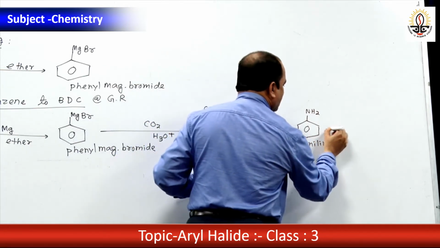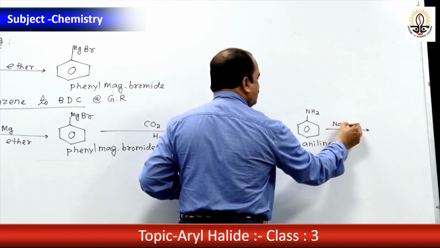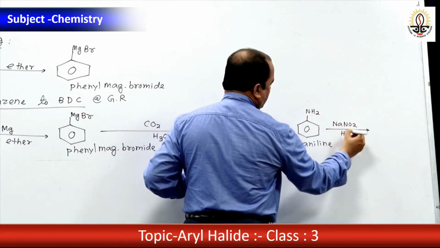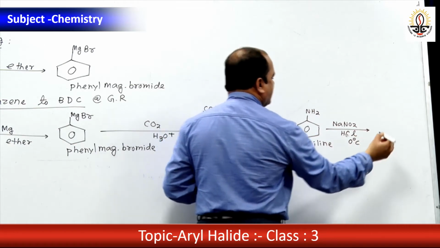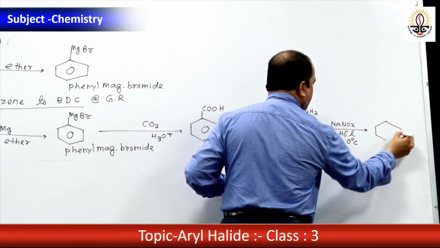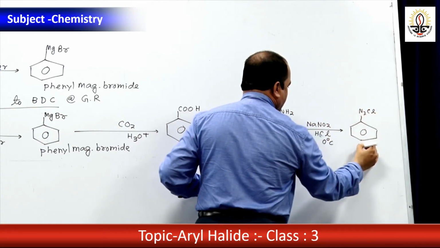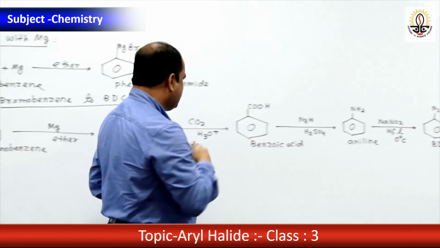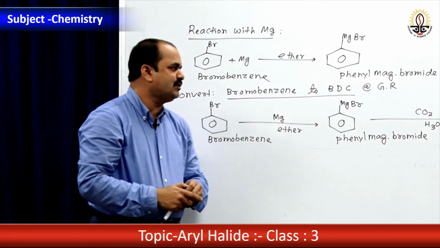This aniline undergoes Griess reaction, or diazotization, in presence of NaNO2 and HCl at 0 degree centigrade to give benzene diazonium chloride, N2Cl. By using these chemical reactions, we can convert bromobenzene to benzene diazonium chloride.